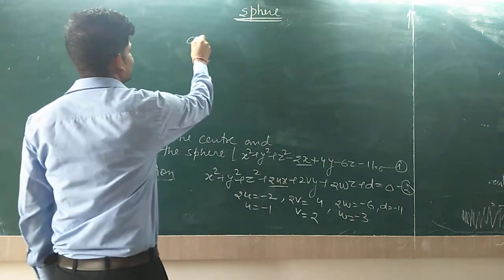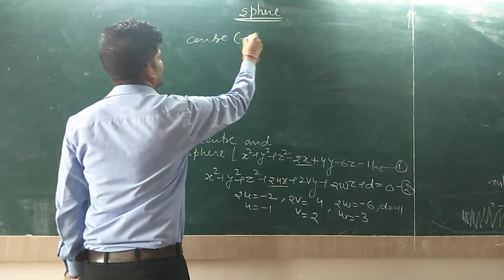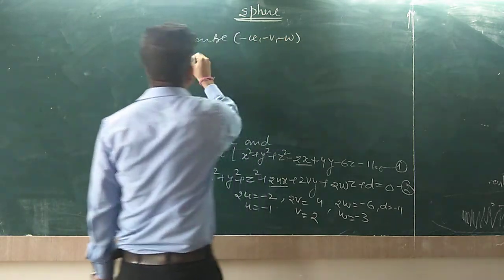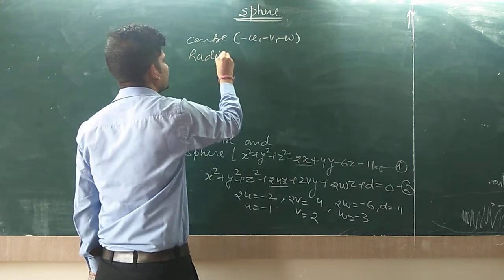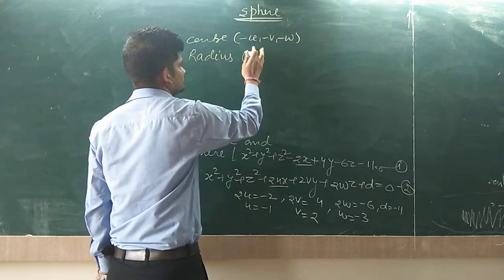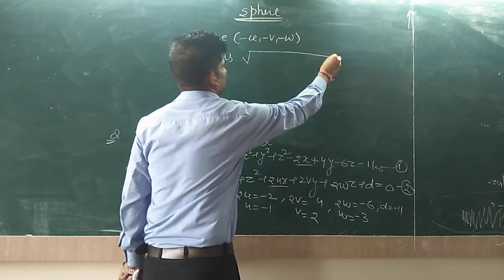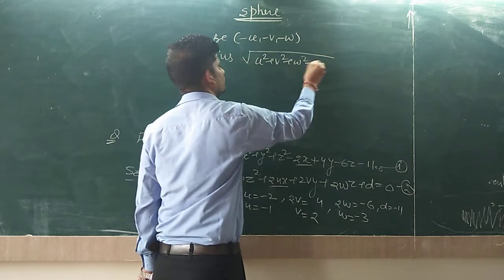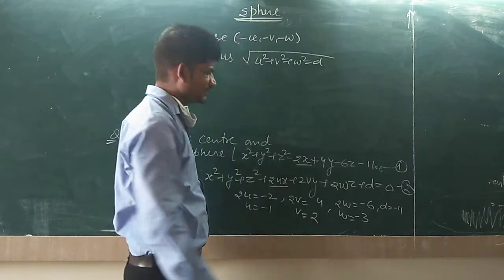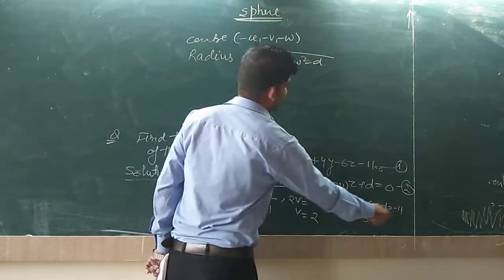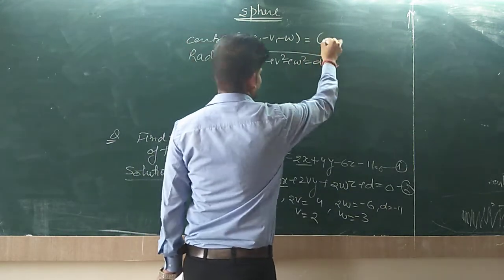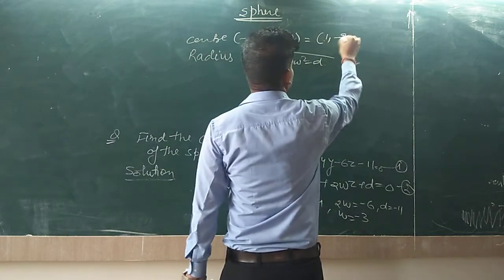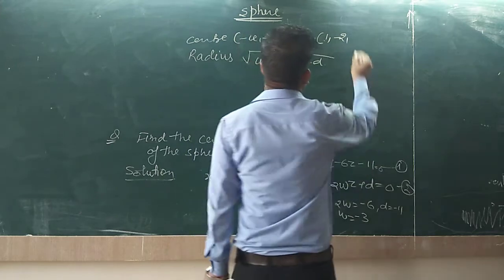Then the center is minus u, minus v, minus w, and the radius is root u square plus v square plus w square minus d. Then putting the values of u, v, w and d, the center is 1, minus 2 and 3.